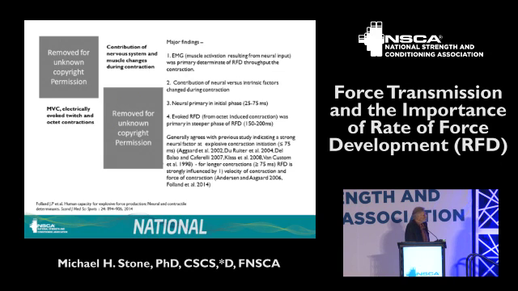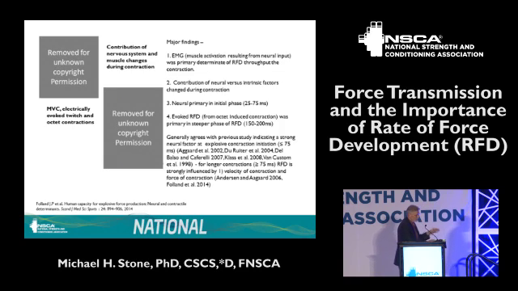This is a study by Folin et al. And in this study, they very carefully tried to chart, through not only electrically stimulating the muscle but also voluntary contraction, how much of the force output and the rate of force development was governed by intrinsic aspects, that is the muscle itself and fiber type, versus how much was related to the nervous system.